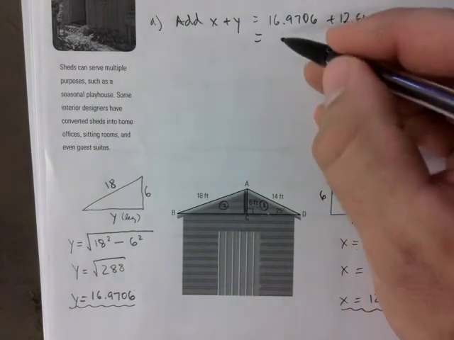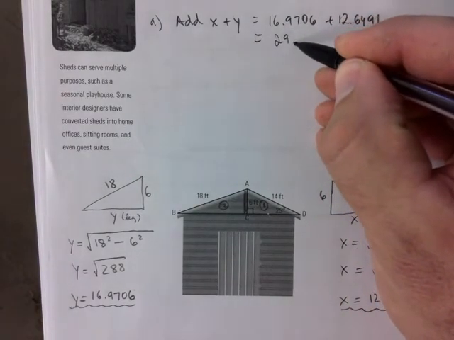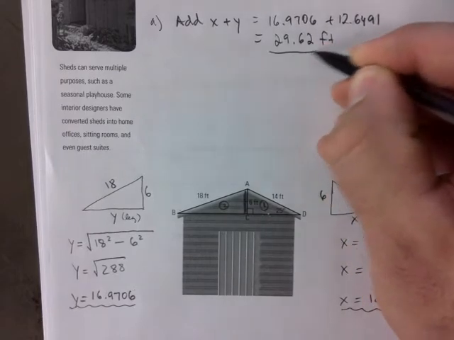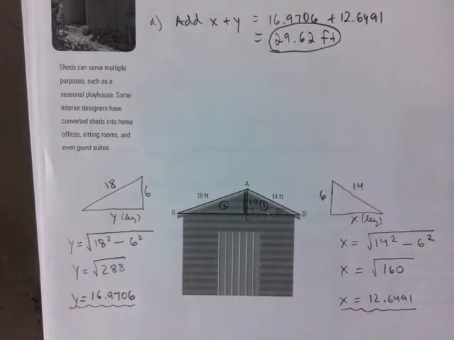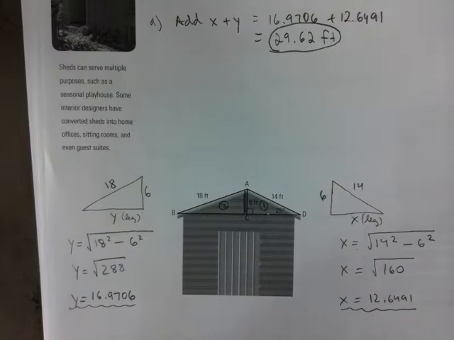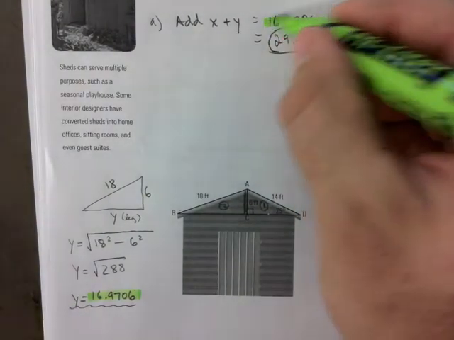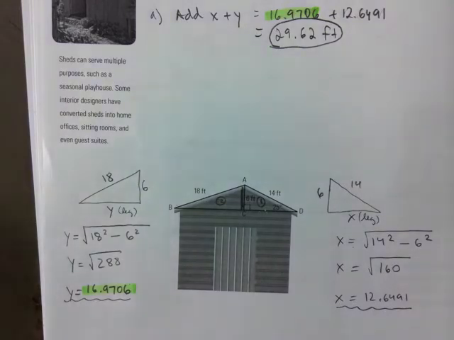And that is 29.62, and we are in feet, right? So I hope you can tell. If you have highlighters, it doesn't hurt, right? That's how I accomplished that task.